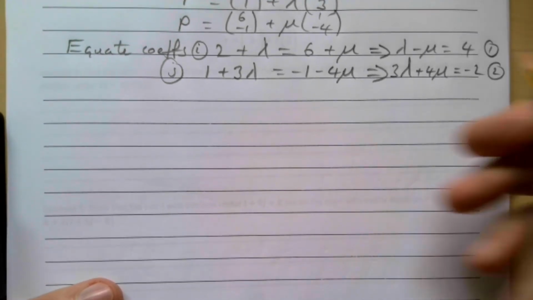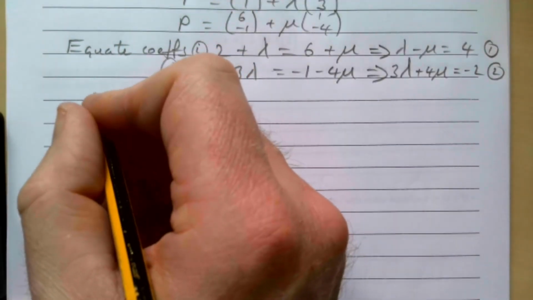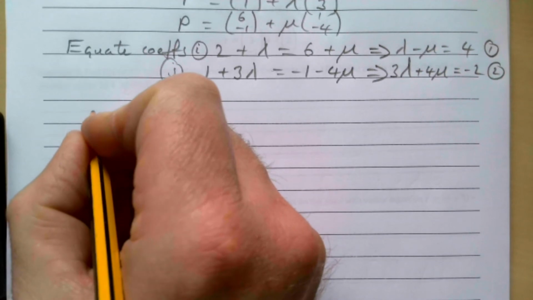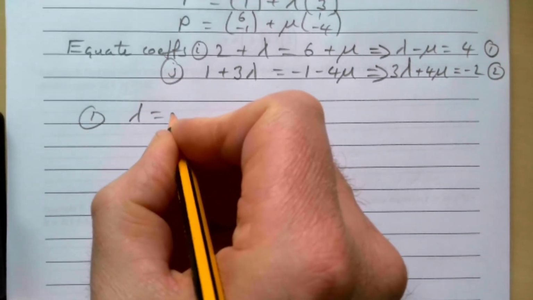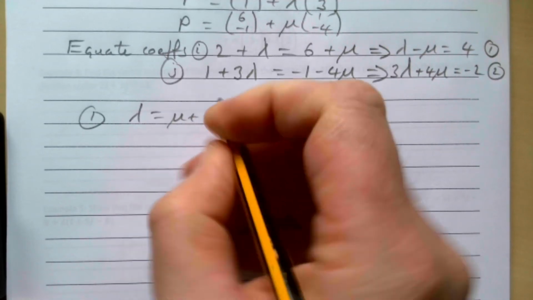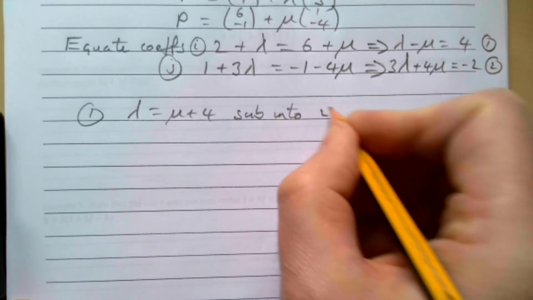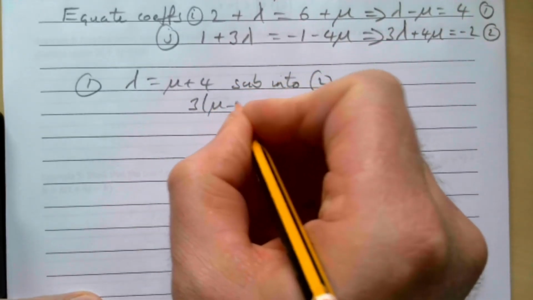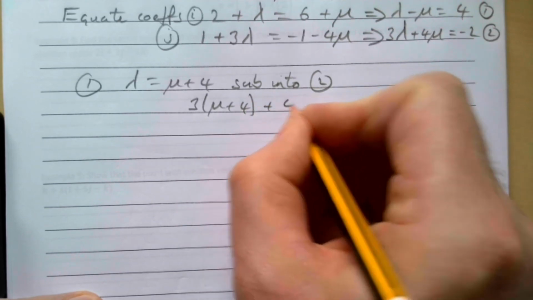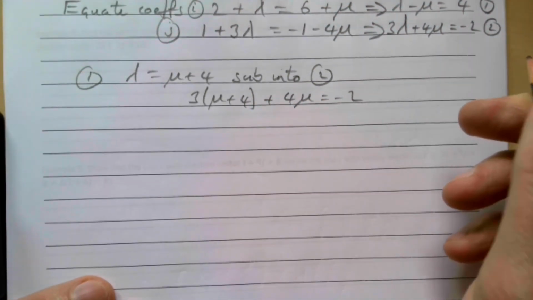What way do we want to do this? I guess we could sub one into the other. If I rewrite 1, lambda equals mu plus 4, and then we sub into 2, we would get 3 mu plus 4 mu equals minus 2.